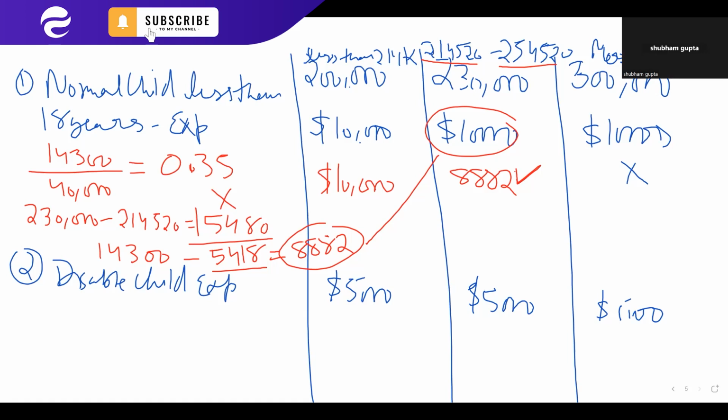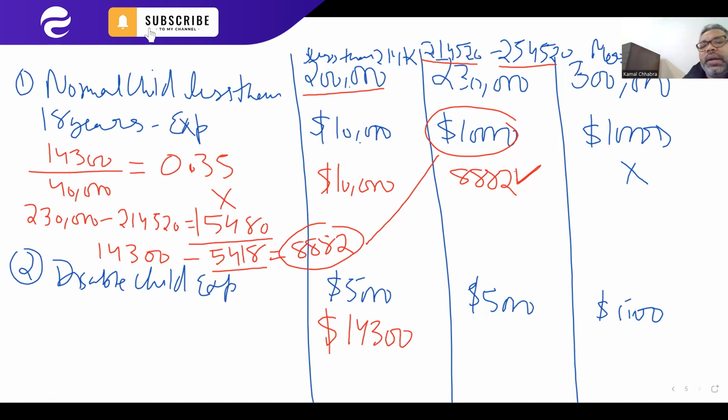Now, coming to disabled child expense. In the case of disabled child expense, your income is $200,000 and you have incurred $5,000, but straightforwardly you get 14,300, right? Even though you spend less, you get 14,300.